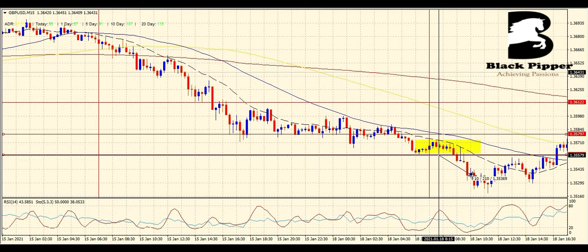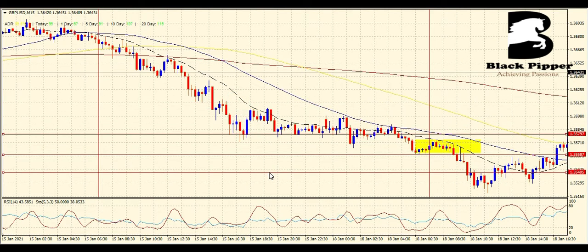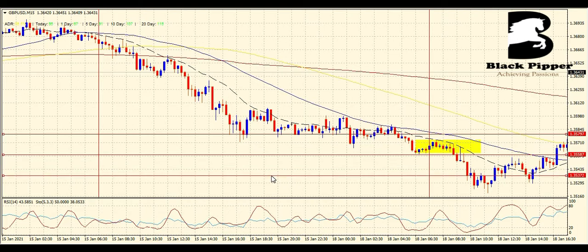At 1.1536 we have 1:1. So this is your entry, this is your stop loss, and this is your take profit. In this case it hit the take profit. This is how you can trade.